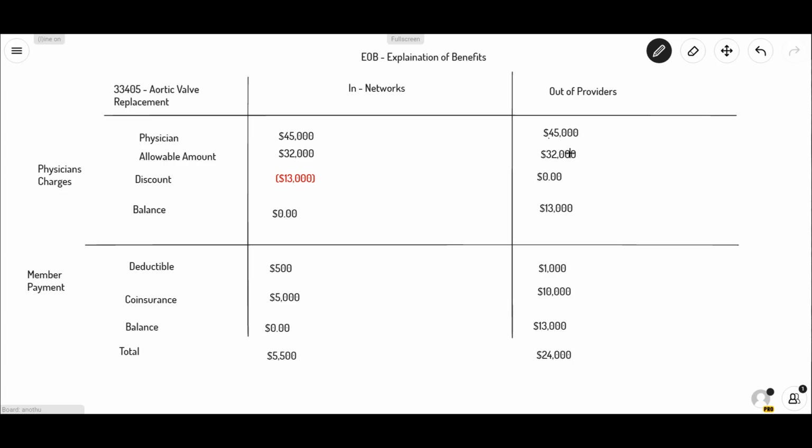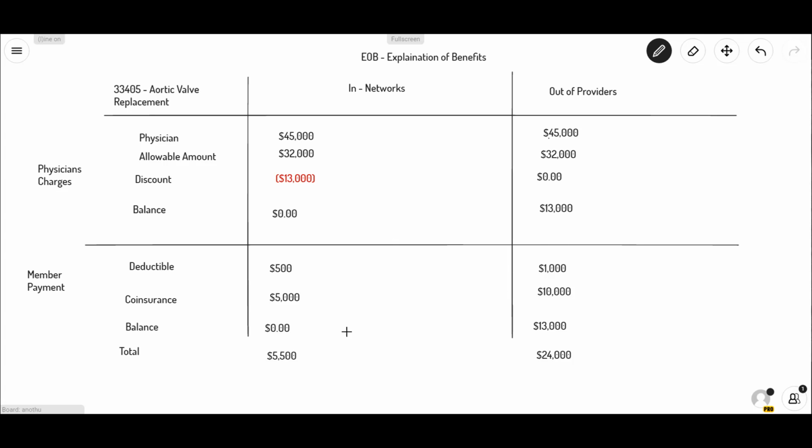So for any amount greater than the negotiated pricing by the insurance company, in network or out of network, you're uninsured above those costs. If you go in network, the provider cannot charge those additional costs to you. If you go out of network, the medical provider can charge those costs, and they do. And so you can look here as we just do the simple math on this scenario.